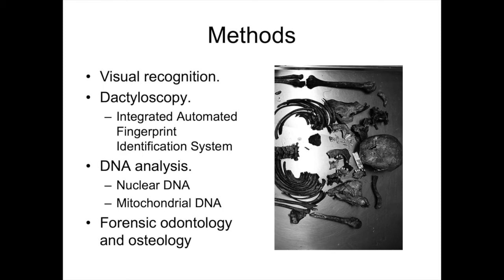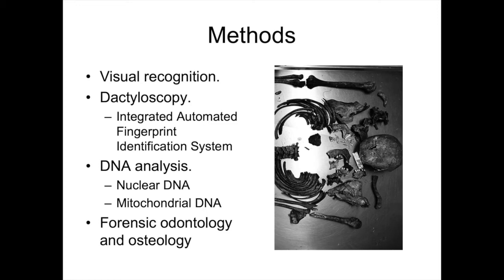Establishing personal identification becomes significant when an individual dies unexpectedly or away from home or is not known in a community, remains have been found, and so forth. In such cases, visual recognition is based off of photographs or any sort of identifying artifacts, IDs, wallets, things like that.